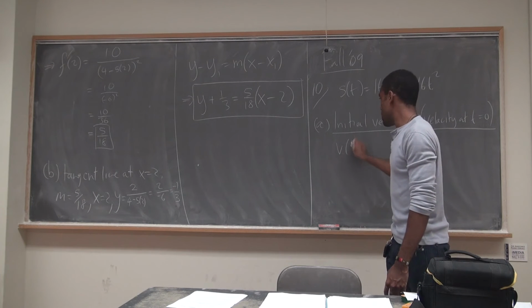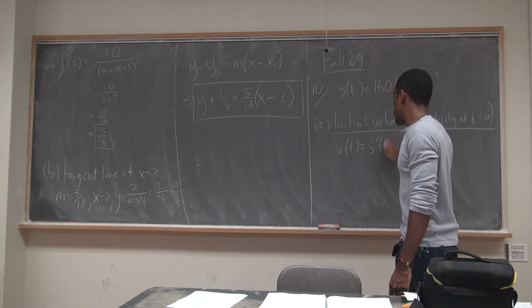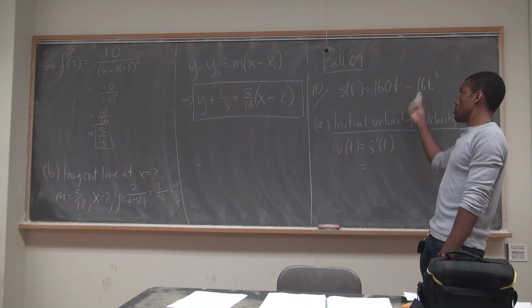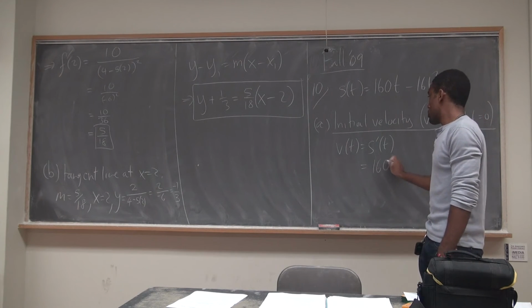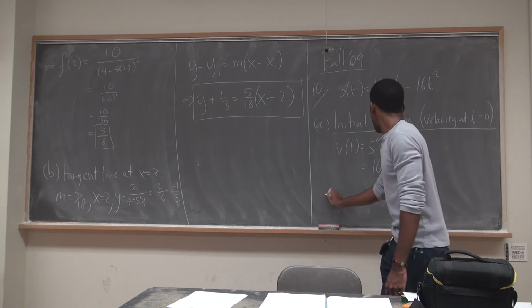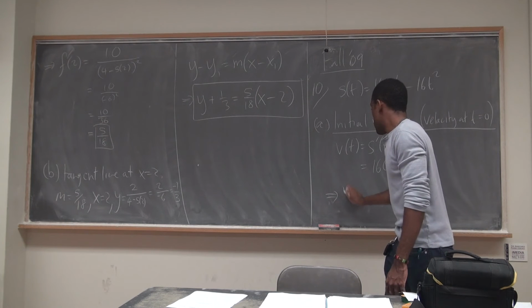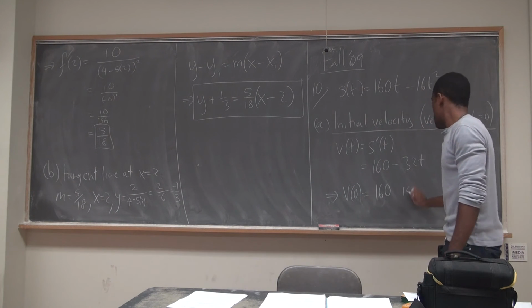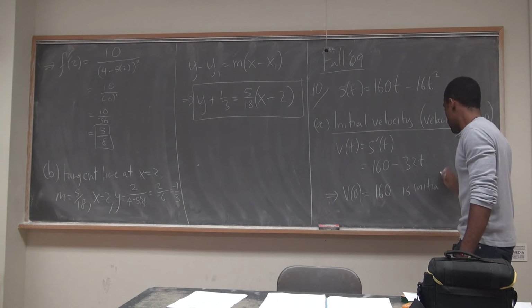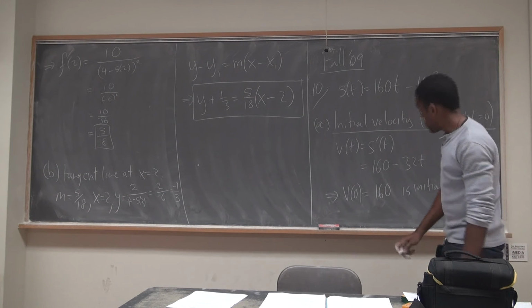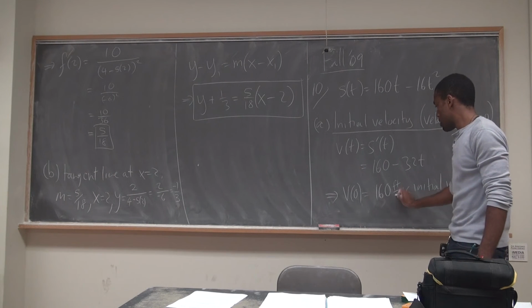So the velocity is the derivative of the position, which is 160 minus 32t. And so this means V0 equals 160 is the initial velocity, in whatever units they told. Feet per second.